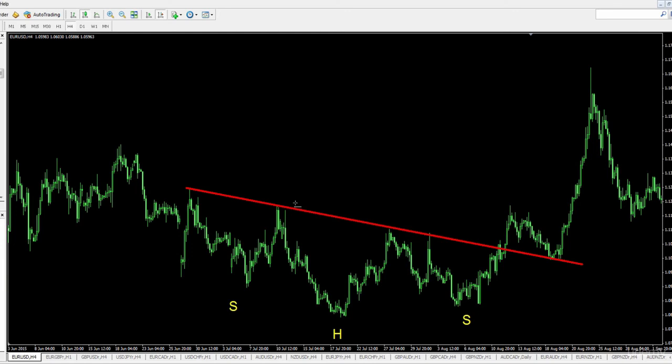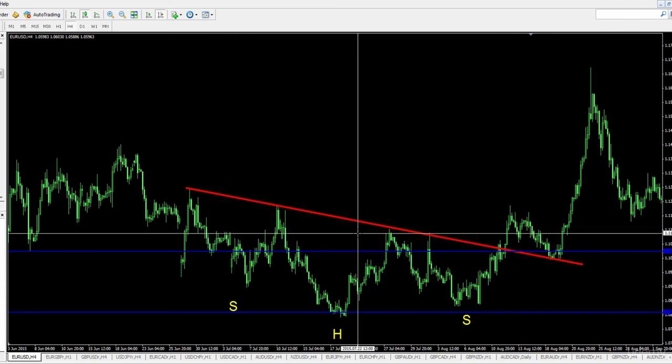Entering into position would be in the area of the neckline. Stop loss below the right shoulder, and the target is the height of the head of the pattern.